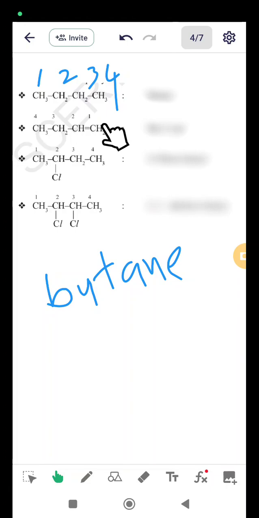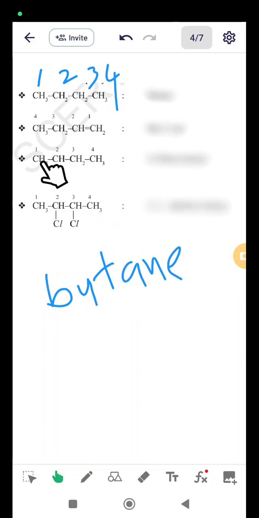Okay, right. So what about the next? Here also there are 4 carbons, but if you observe, there is a double bond. So we have to go from right to left only, because here the double bond is there. So we have to obey the lowest sum rule, or lowest numbering rule.